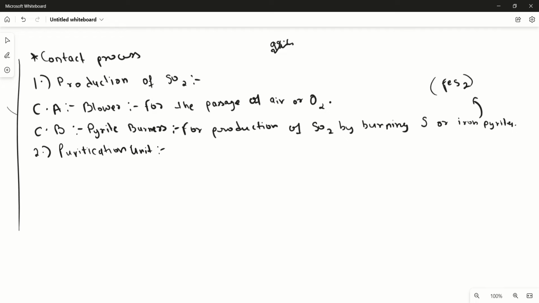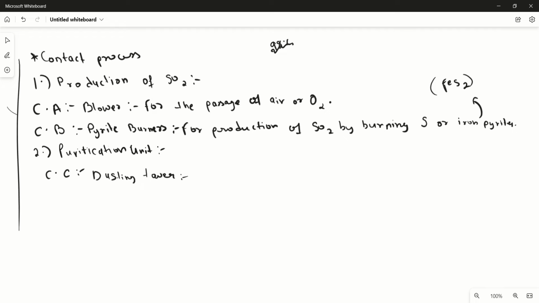In the purification unit, we have chamber C. Chamber C is called the dusting tower. There are 6 chambers in total in this unit: C, D, E, F, G, H. It's for purification.